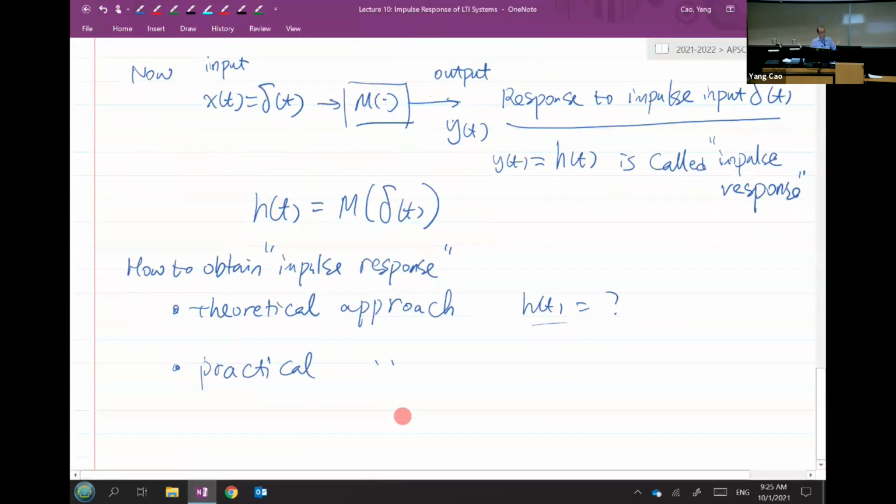But this approach is only feasible if you're able to generate precisely the type of input. The impulse signal is not feasible at all, because you cannot generate an input with infinite magnitude at a certain location. But you can still think of it as an approximate approach.